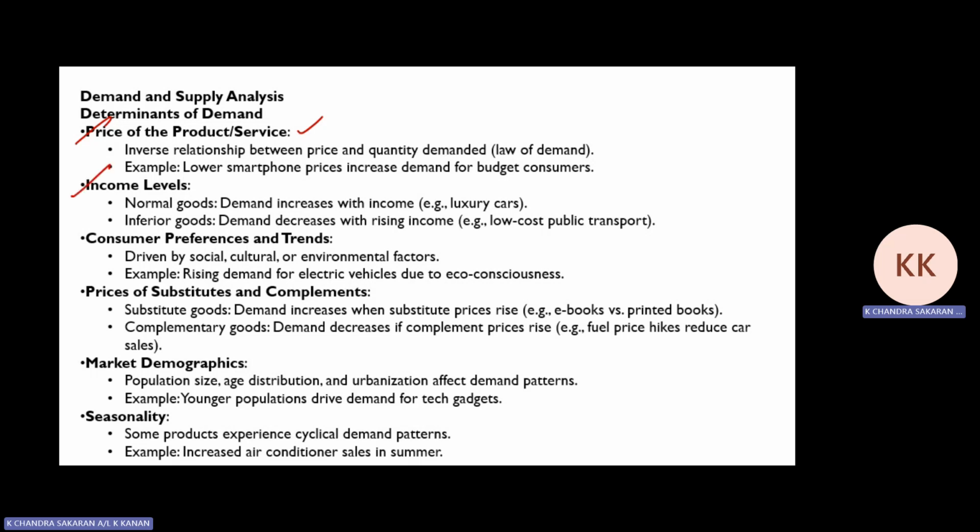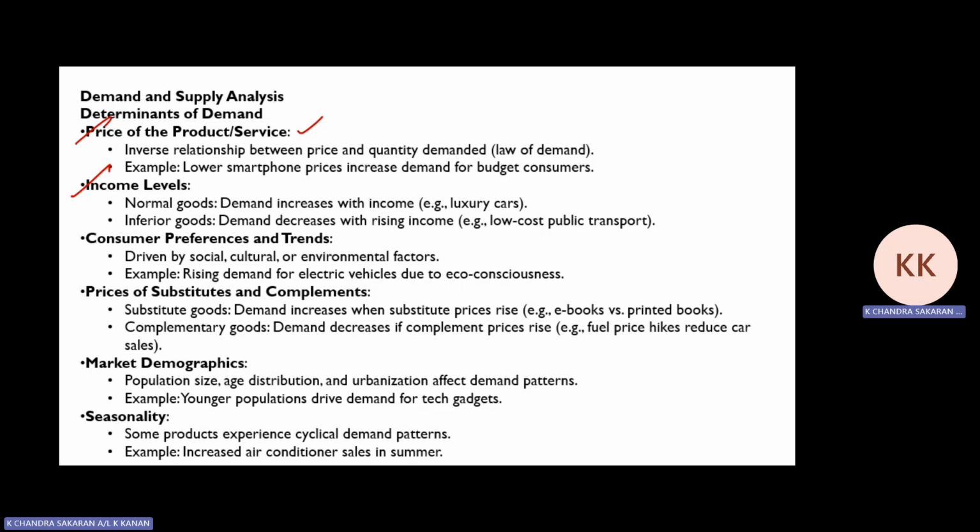Number two, how important is income? When income changes, what happens to the market? For the industry you have chosen, is income a very important factor? If people's income is rising, people are getting more money, and living standards are increasing, the product also changes according to the income level.